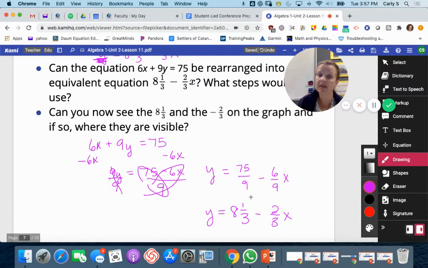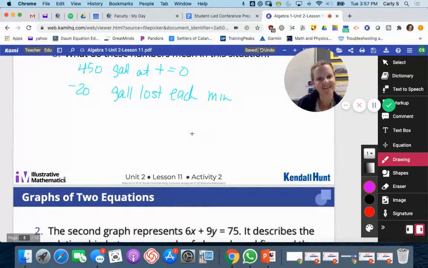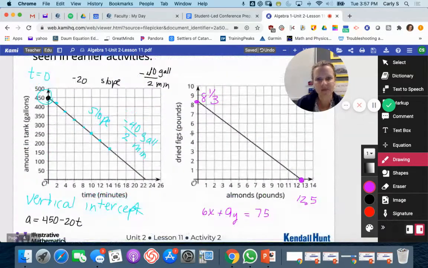And can you see 8 1/3 on the graph? Yes. Can we see the negative 2/3 on the graph? Let's look. So let's go to here. So at that point, I am crossing, I call them hatch marks on the graph. I see the grid where my line crosses things that I can read. Now I want to try to find negative 2/3 on the graph.